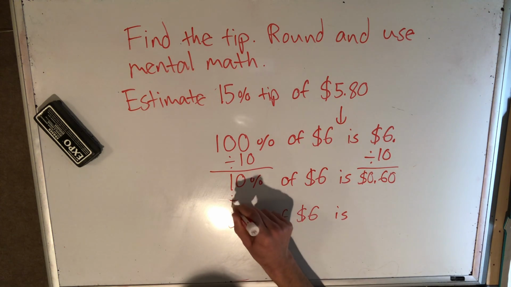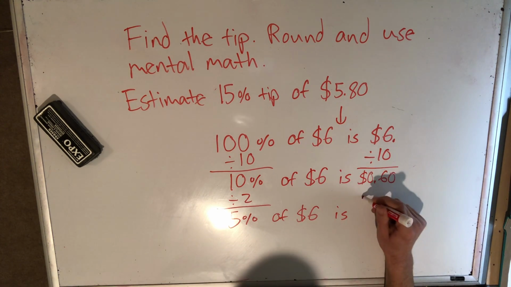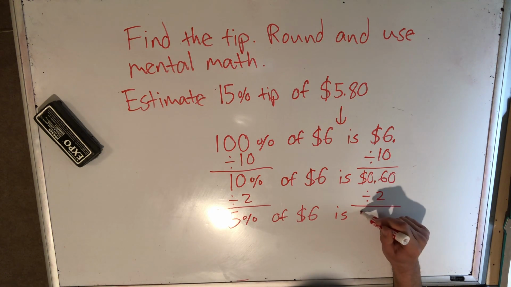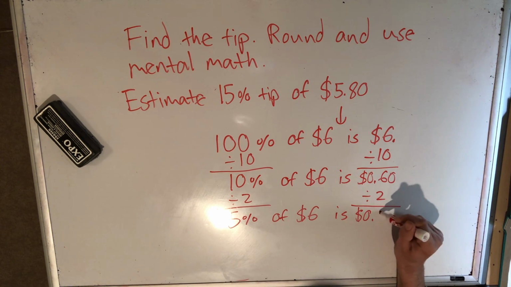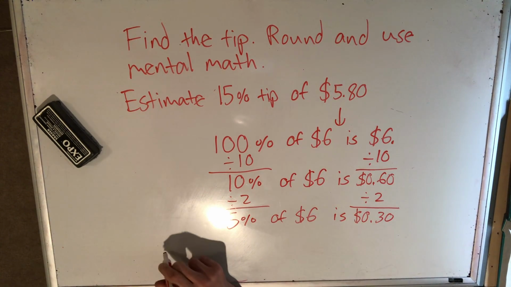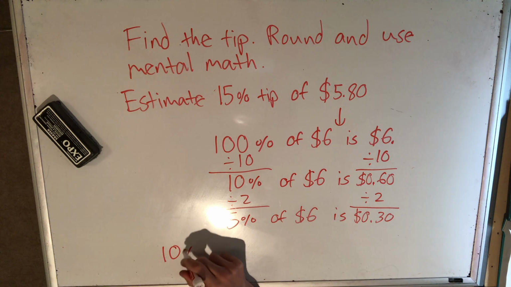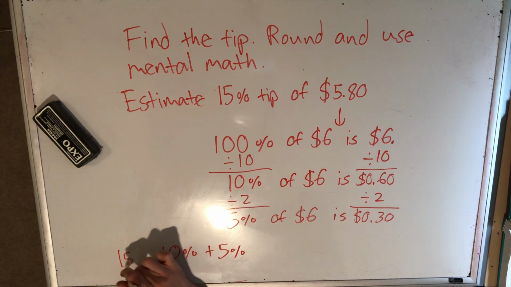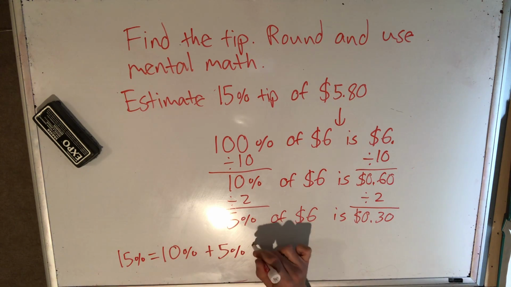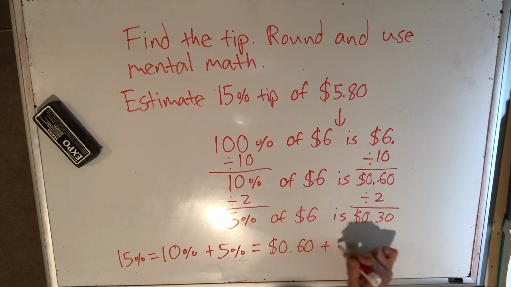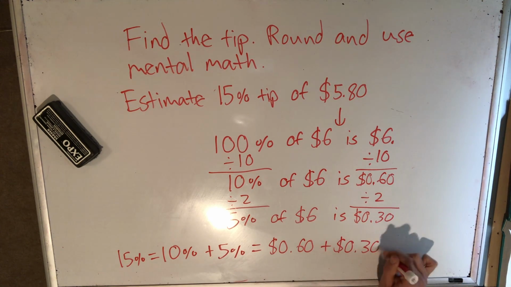And then 5% of $6, well, 10% divided by 2 is 5%. So the other side must also be divided by 2. 60 cents divided by 2 is 30 cents, or $0.30. And then a 15% tip would be 10% plus 5%, which in this case equals $0.60 plus 30 cents, which is 90 cents.